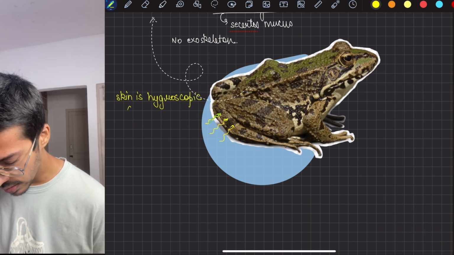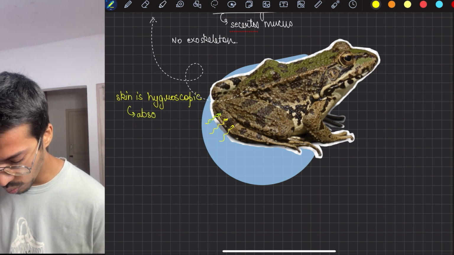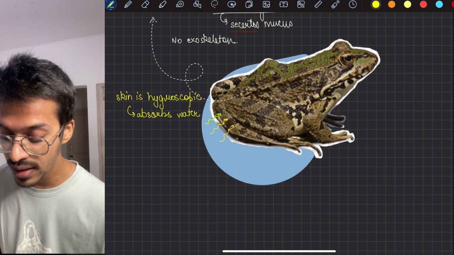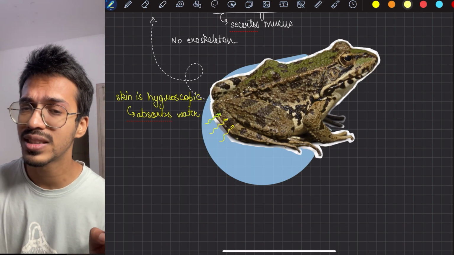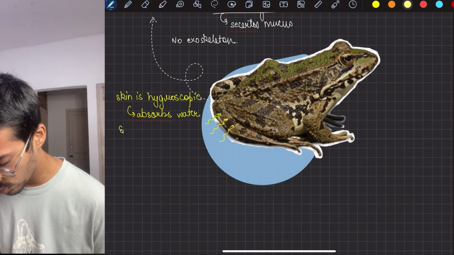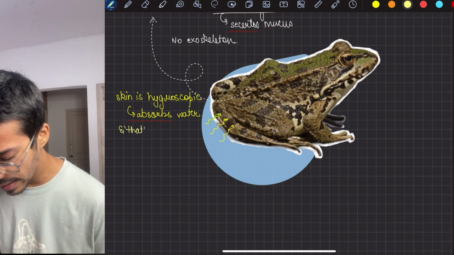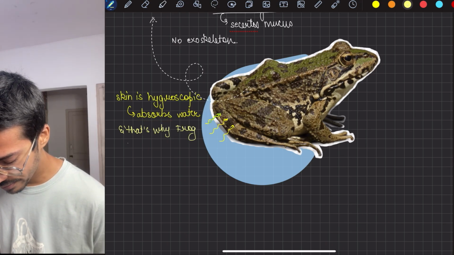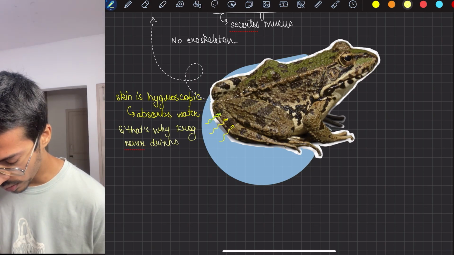And that's why it is said that the frog never drinks water from its mouth. It directly absorbs through the skin.